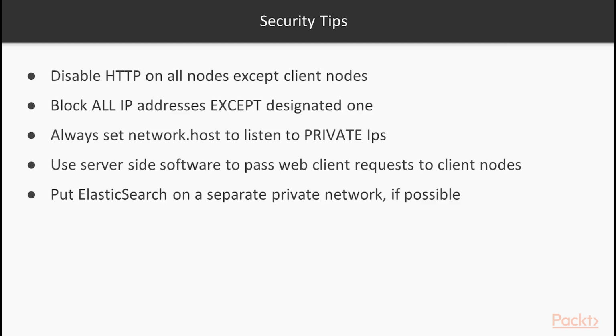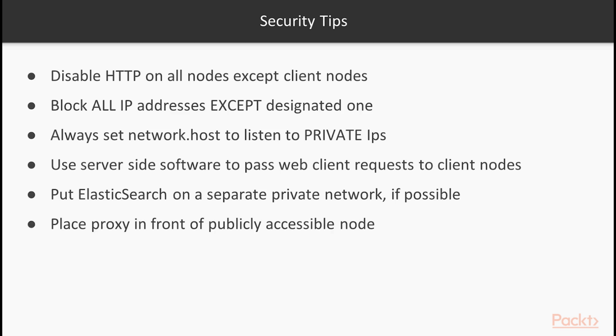Another good practice, if possible, is to isolate Elasticsearch clusters from other parts of your network, essentially creating a private network. In the AWS world, this will be like putting your cluster in a virtual private cloud with different security groups.